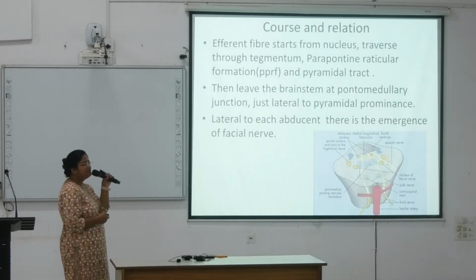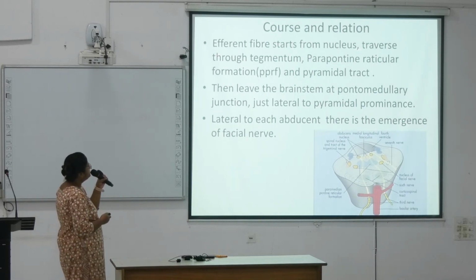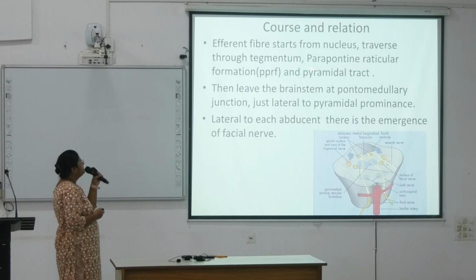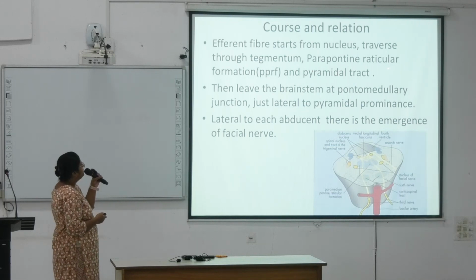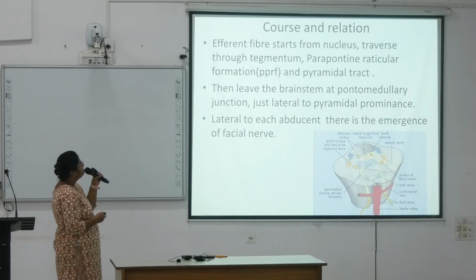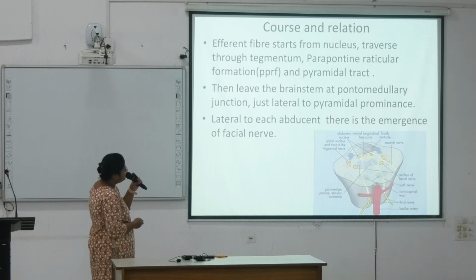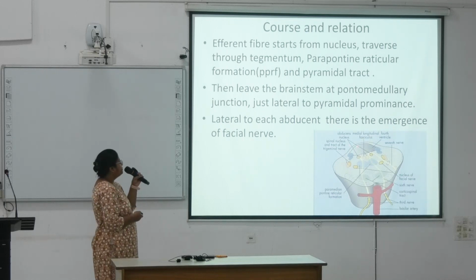Now we go to the course and relations. Efferent fibers start from the nucleus and traverse through the tegmentum, the paramedian pontine reticular formation, PPRF, and the pyramidal tract. Here, this is the abducent nucleus. This is the fourth ventricular cavity. So this elevation is the facial colliculus.